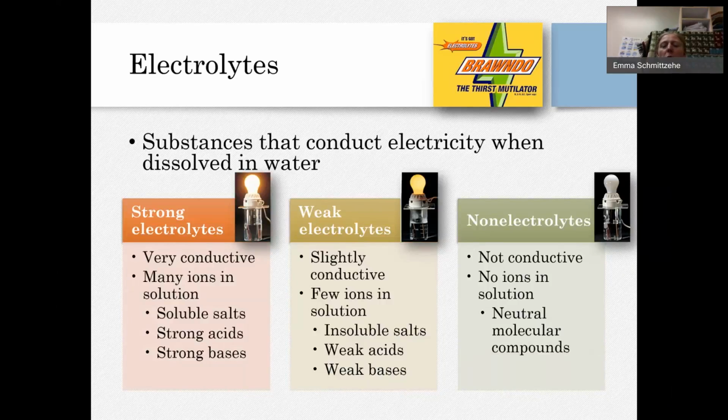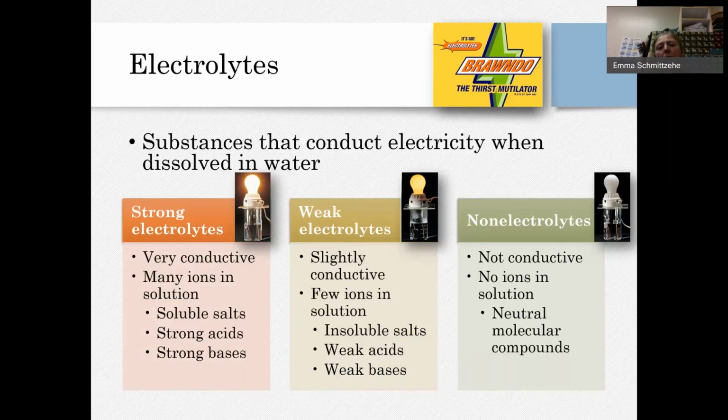Really, like pure water, just H2O molecules with H2O molecules, technically there are some ions in there, but there's so few, it's not enough to conduct electricity. So even though there are a few, it's classified as a non-electrolyte.